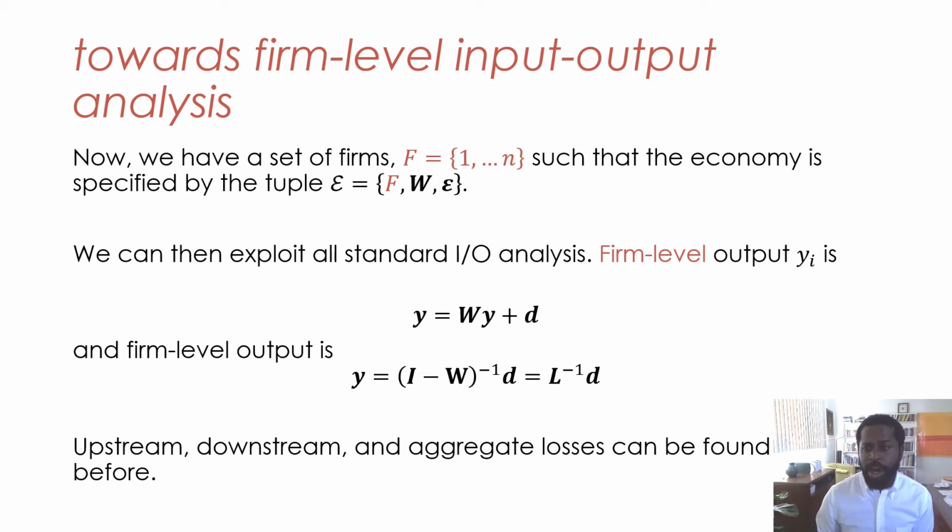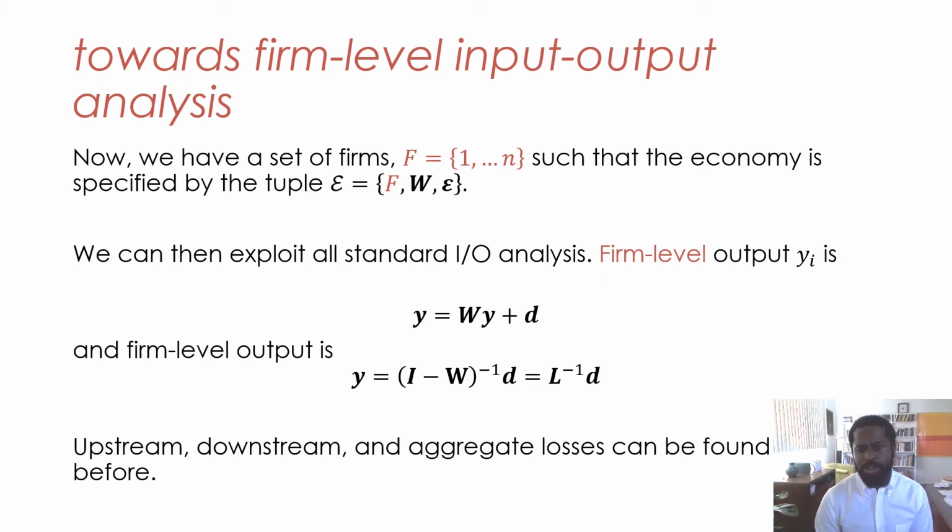So firm-level output, y_i, then leads to the aggregate output, where we have aggregate output y being this product of this matrix W, which is the weighted adjacency matrix of firms now.